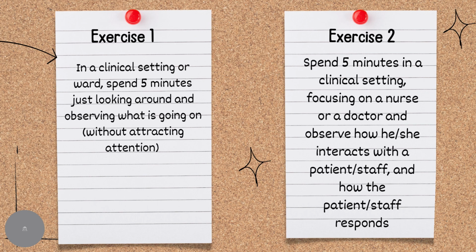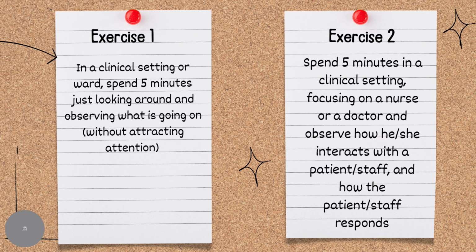The first exercise is, in a clinical setting or ward, spend 5 minutes just looking around, observing what is going on without attracting attention. The second exercise is to spend 5 minutes in a clinical setting, focusing on a nurse or a doctor, and observe how he or she interacts with the patient or staff, and check how the patient or staff responds, and whether the patient appears satisfied or upset by the exchange.